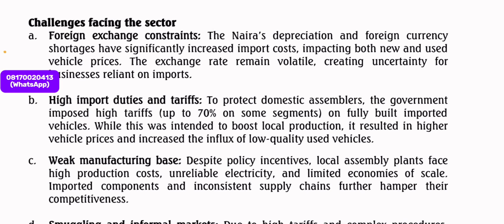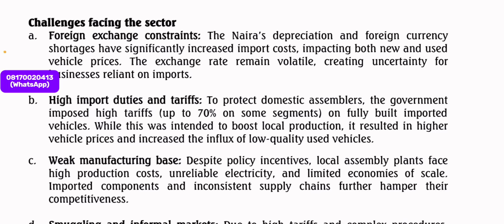Okay, if you want to import, no problem, let us put high tariffs. In fact, sometimes up to 70% on some segments. This is a challenge, because fine, you want us to stop importing cars, but if you want to produce here, the cost is high. If you want to produce here, we don't have the infrastructure. Yes, they say infrastructure has improved, but we all know the truth.